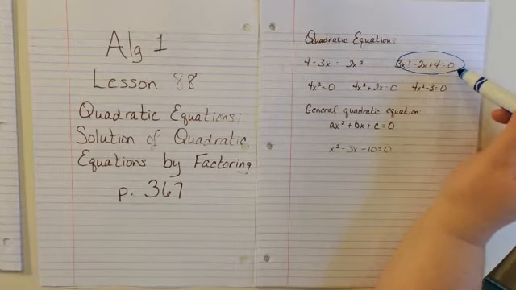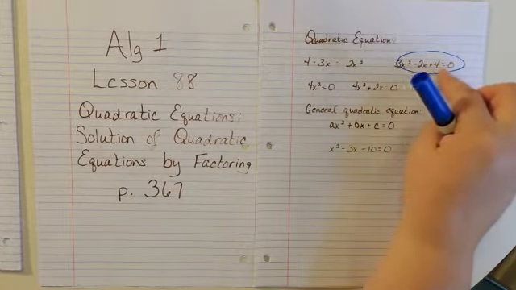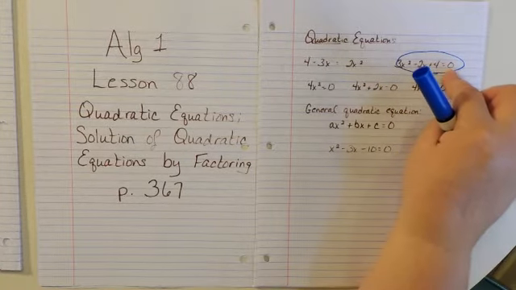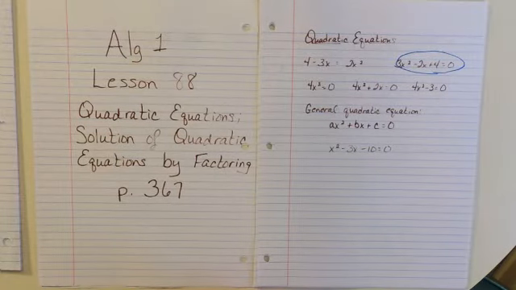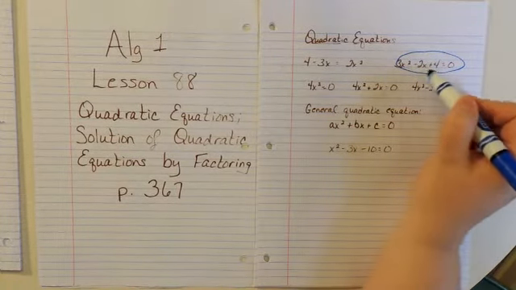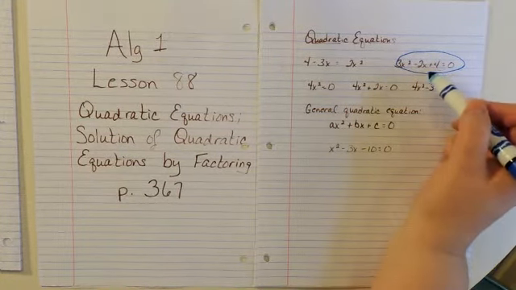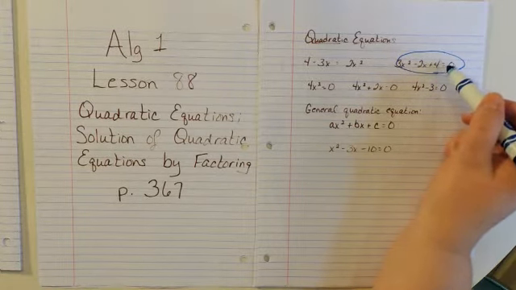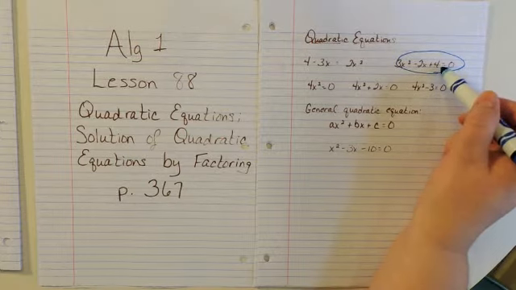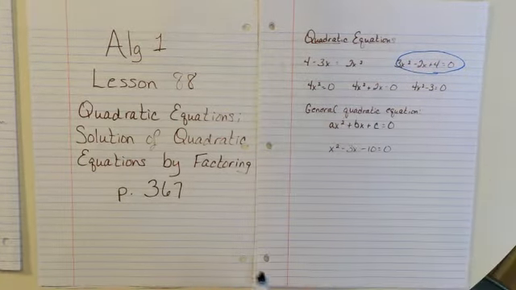All the non-zero terms are on one side of the equal sign, and on the other side there's just a 0. And it's written in descending exponent order. So the square, then x to the 1, and then x to the 0, or no x here.